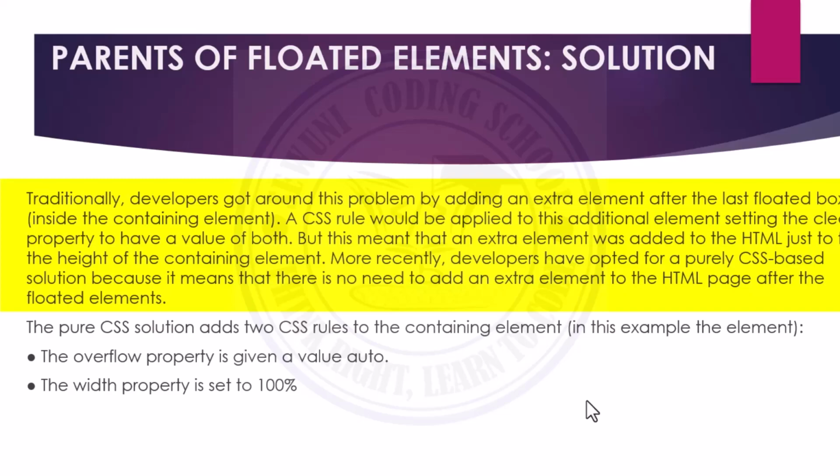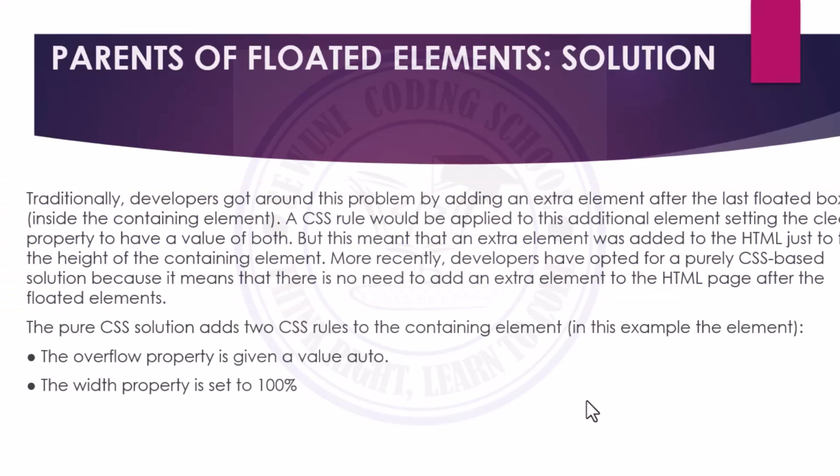But this meant that an extra element had to be added to the HTML just to fix the height of the containing element. More recently, developers have opted for a purely CSS based solution because it means that there is no need to add any extra elements to the HTML page after the floated element.